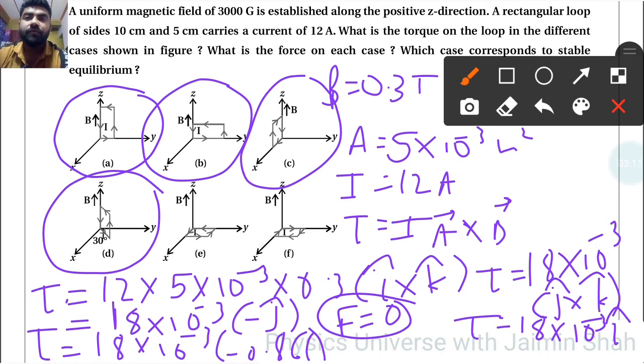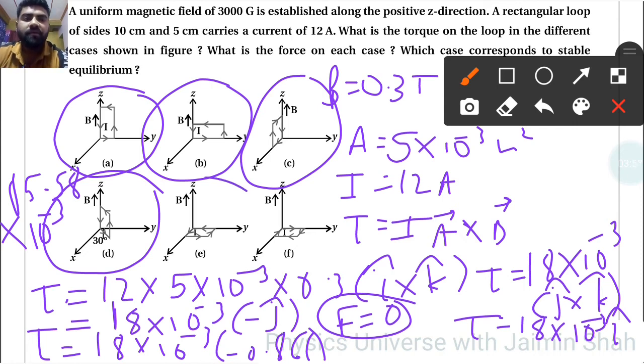So the answer will come as 15.58 into 10 raised to minus 3. That is the torque. And again, for every case, for these 4 cases which we talked about, the force is 0 because current and length both are in the same direction.